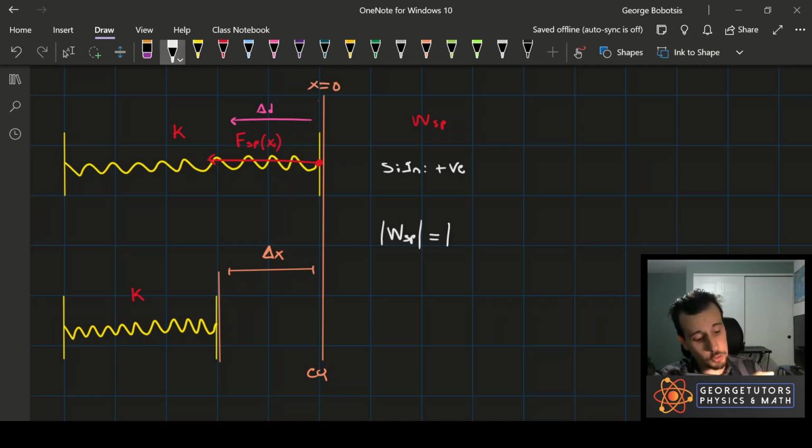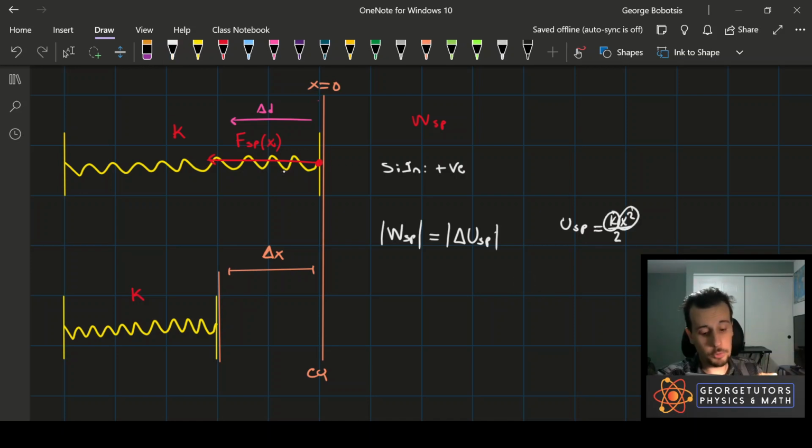So I can express this work done as the change in that spring potential. Spring potential itself being kx squared over 2. The stiffness of the spring doesn't change, so only the compression amount is the thing that changes here.